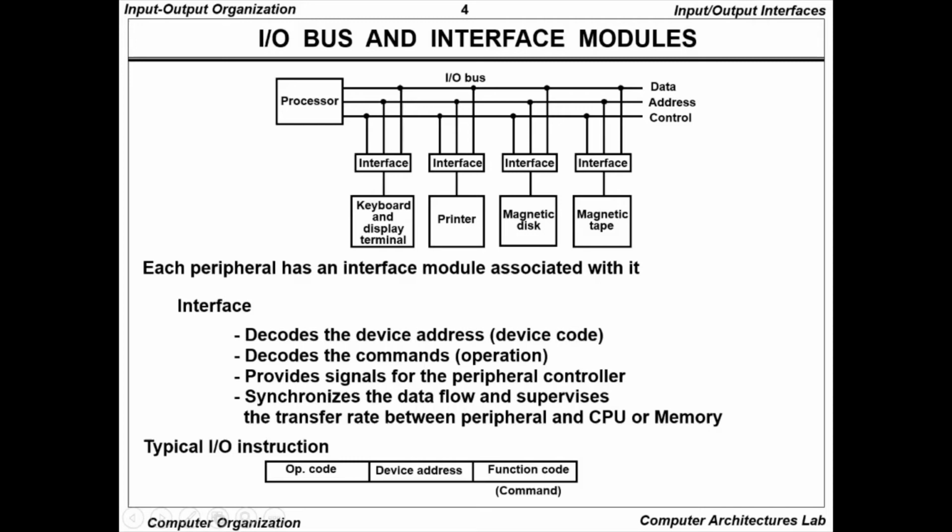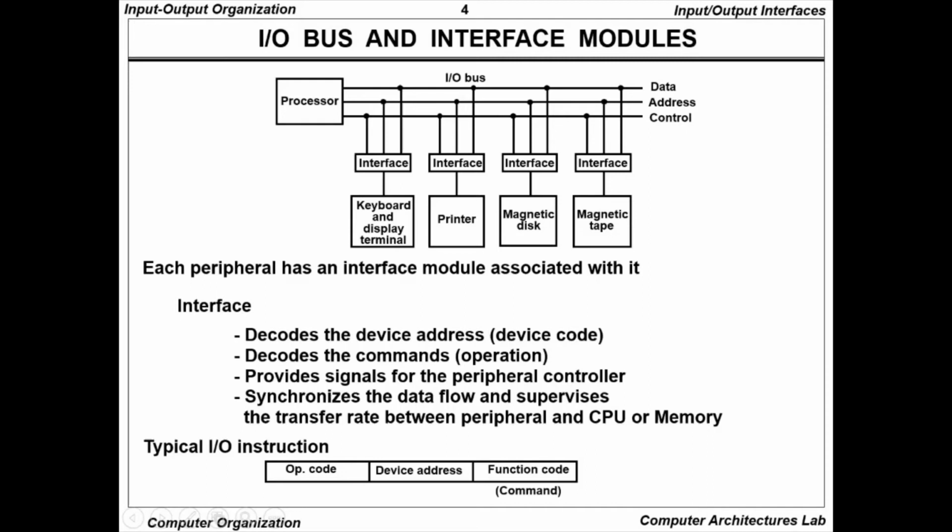This is a general typical IO instruction you can see at the bottom of the PPT: opcode, device address, function code, command. These are the three basic elements of how we can connect different types of IO instruction.